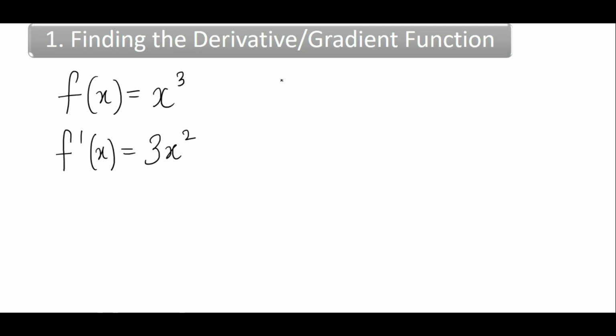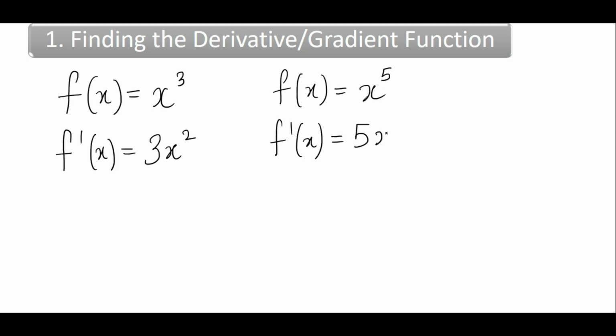Now let me give you another example where f of x is equal to x to the power 5. Then f dash of x is equal to 5 multiplied by x to the power of 4. So from these examples, what do you understand?